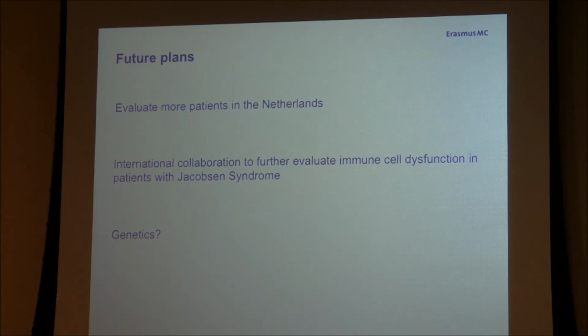I think we should do it worldwide, because the final thing is that we can look for an explanation. Why do the patients with Jacobsen syndrome have a higher incidence of development of immunodeficiency? Is it a common genetic based finding? Is it the ETS gene, or are there other genes involved in development of immunodeficiency in Jacobsen syndrome?